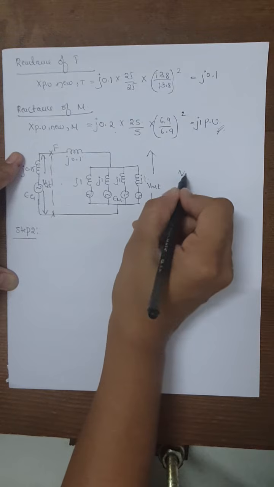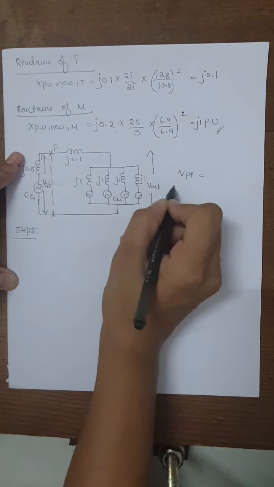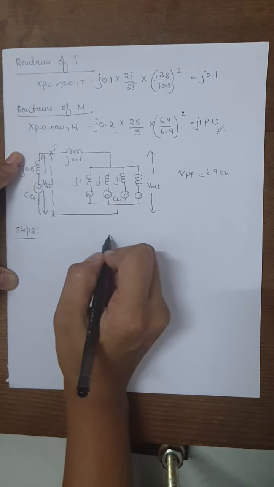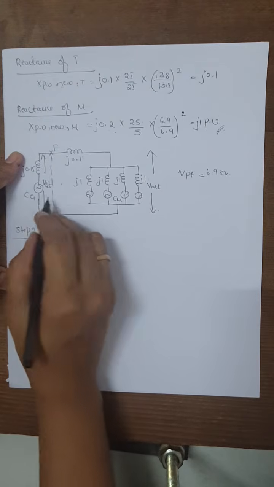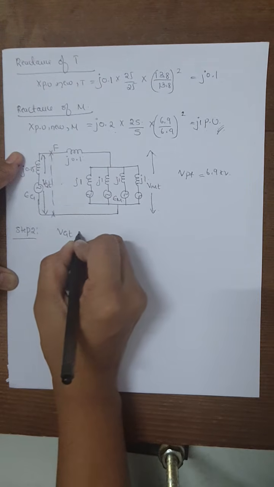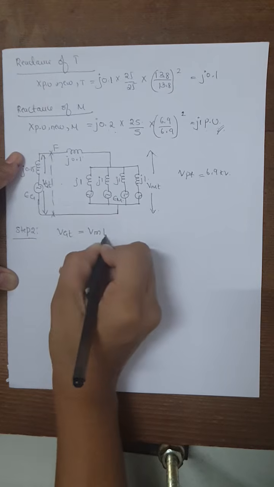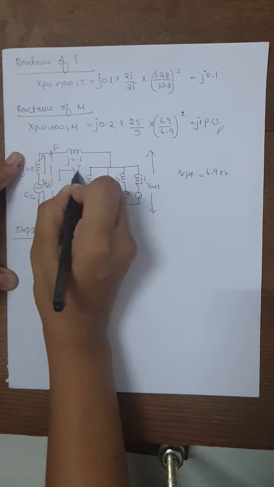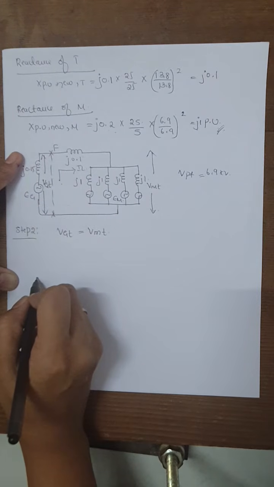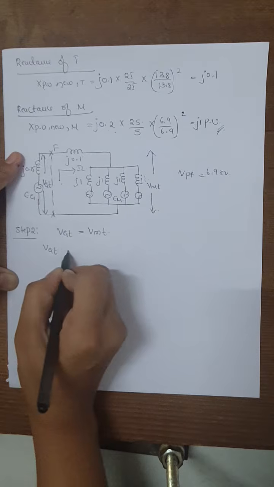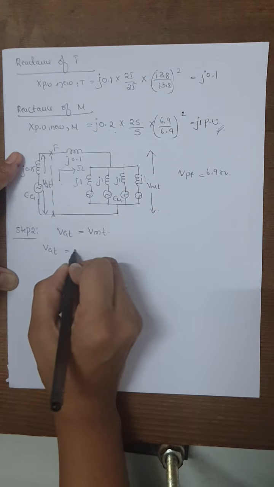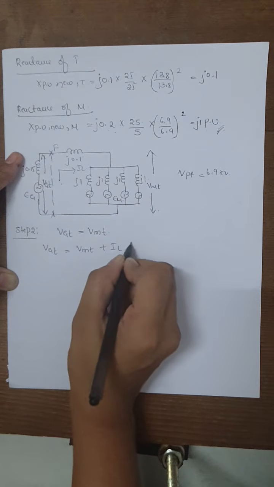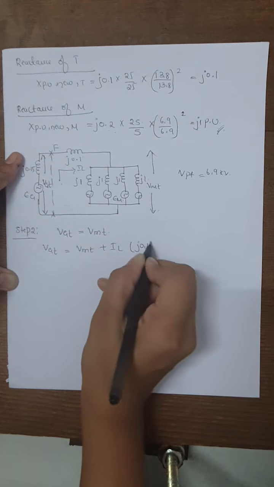They have given the VPF, or the motor terminal value, actual, that is 6.9 kilovolt in the problem. So we need to consider VGT per unit will be equal to VMT. How did we get this? If we consider a current IL going in the circuit, then VGT will be equal to VMT plus IL times the reactance, that is J0.1.